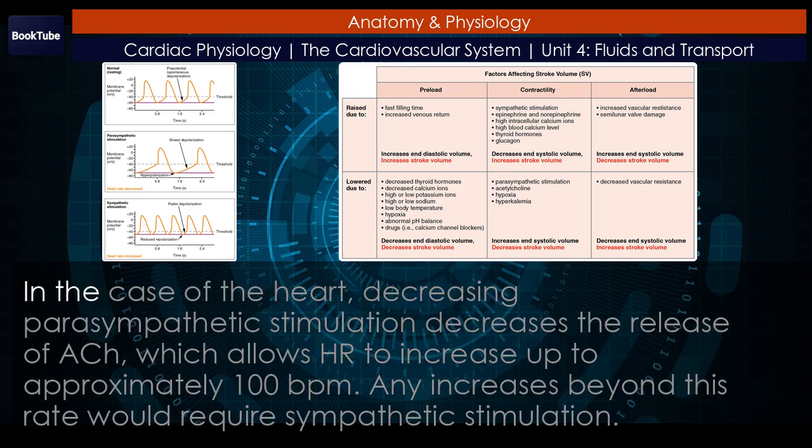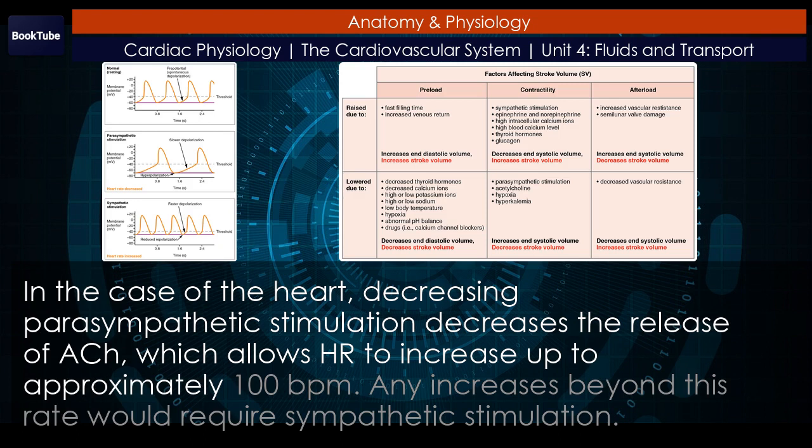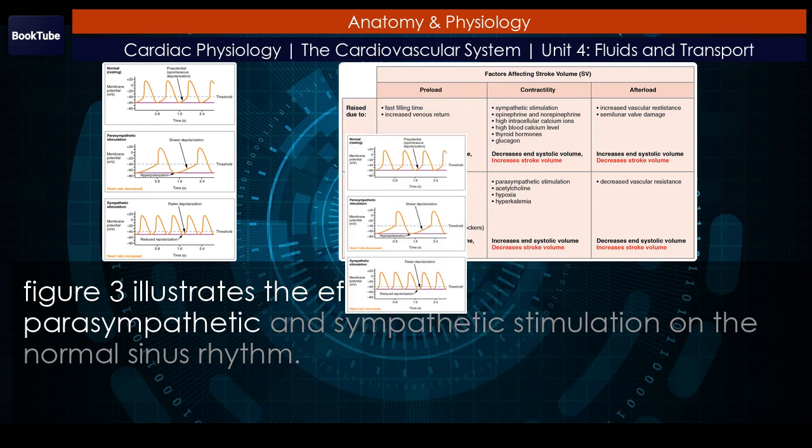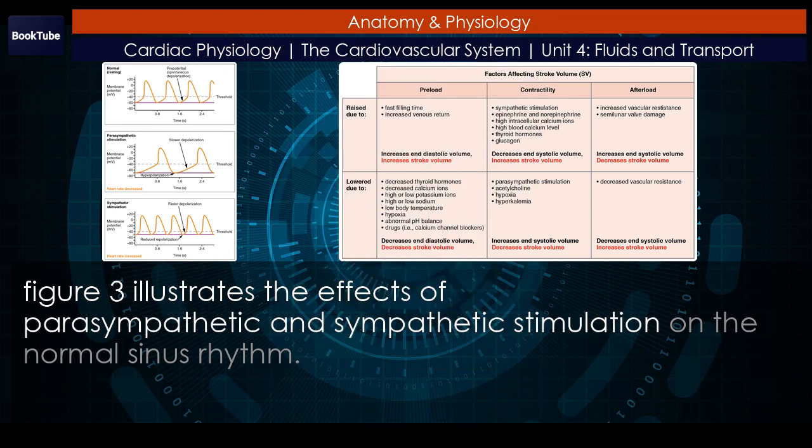In the case of the heart, decreasing parasympathetic stimulation decreases the release of ACh, which allows HR to increase up to approximately 100 bpm. Any increases beyond this rate would require sympathetic stimulation. Figure 3 illustrates the effects of parasympathetic and sympathetic stimulation on the normal sinus rhythm.